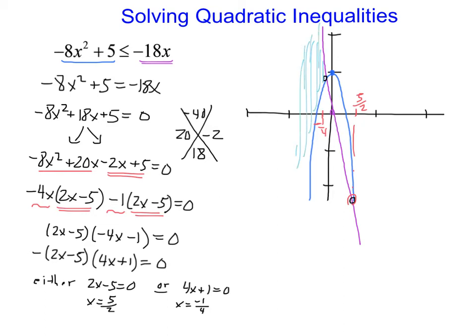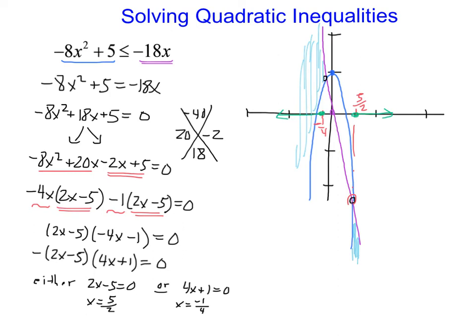Everything there, everything less than negative 1/4, that line is above the parabola. And where else is that line above the parabola? Oh, I need to extend the parabola. So the parabola goes to negative infinity faster than the line, so after 2.5, it's also happening. So that's going to give me the regions.